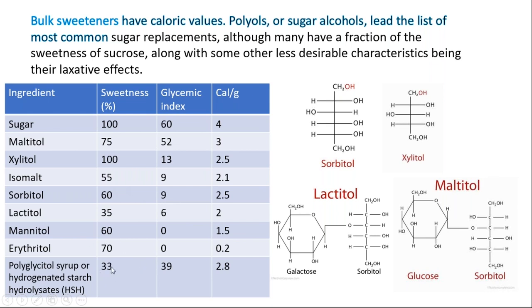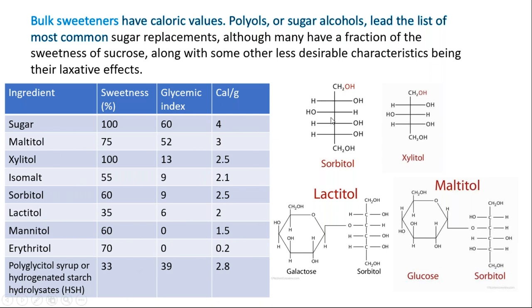So in most of the chewing gums and dental products, which sugar would you find? I'm sure all of you can say that the most common sugar that you find is xylitol. All the products containing these sugar alcohols are claimed as anti-caries. That is because there is no sugar, so the microorganisms cannot grow on this.